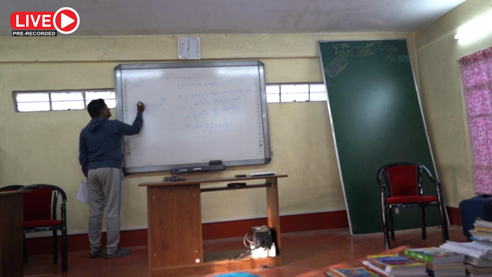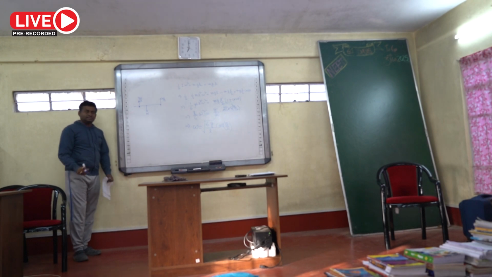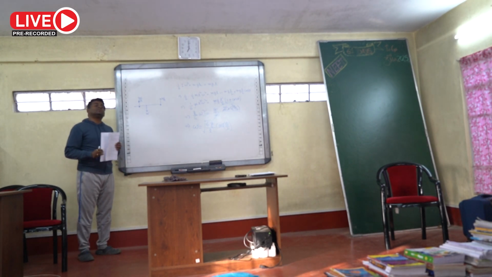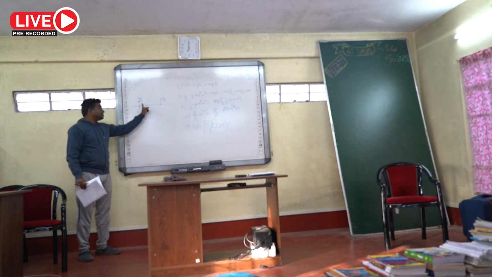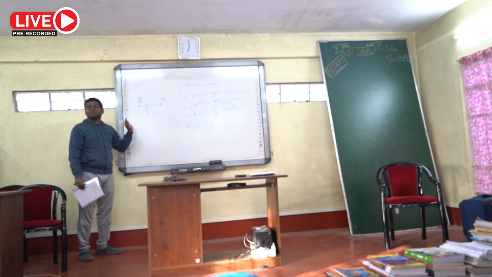So over his head the load will be 3W by 4. Now see, we have already used the translational equilibrium condition. That means net upward force equal to net downward force. So now we have to write the equation for rotational equilibrium because the rod remains horizontal.